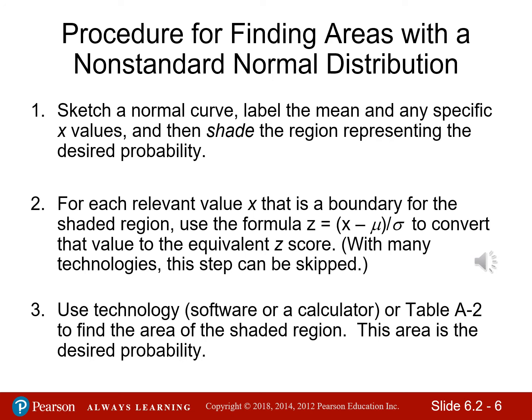For each relevant value of x that is a boundary for the shaded region, we will use the formula z equals x minus mu, the population mean, divided by sigma, the standard deviation. And then this will allow us to convert that x value to an equivalent z-score. If we use technology or Table A, we can find the area of the shaded region. This area is the desired probability.